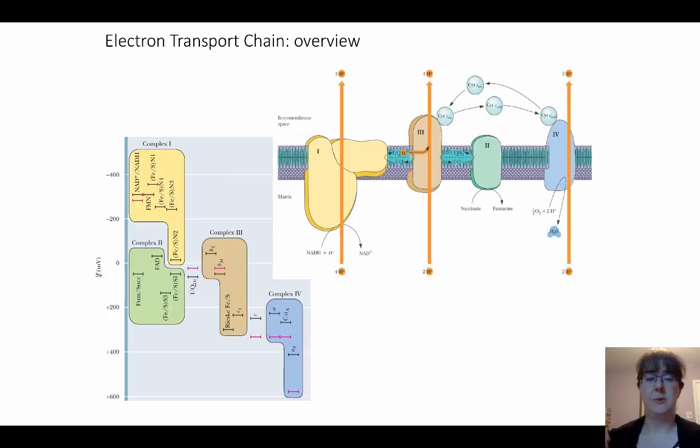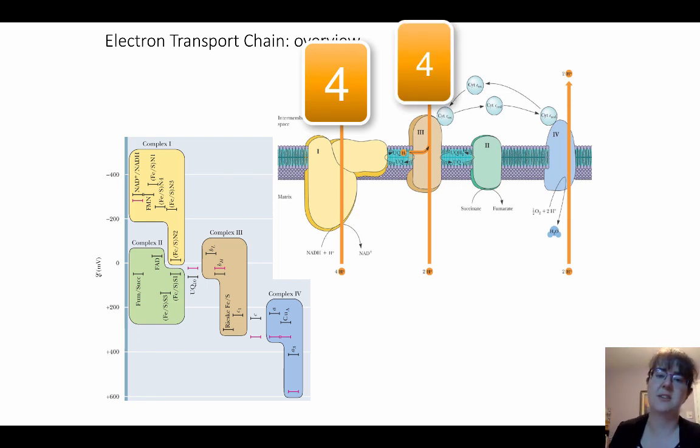So by now, we've actually talked through all 4 of the complexes, including that little bit on cytochrome C. So whenever we're dealing with mammals, remember we are going to be looking at 4 protons being pumped by complex 1. A total of 4 protons get exchanged into the intermembrane space from complex 3. 4 of those are from ubiquinone, and then the 2 that you see going in are from that other bit of ubiquinone going to ubiquinol in the Q cycle.